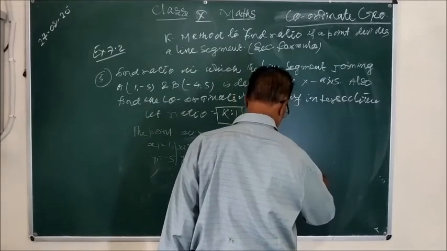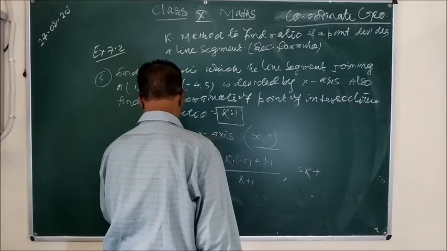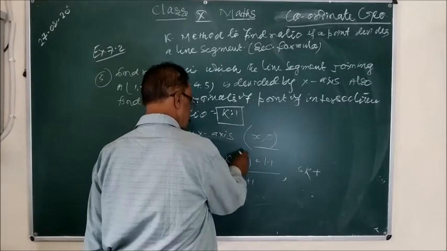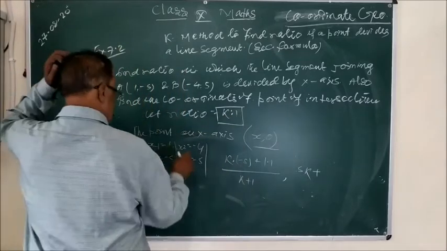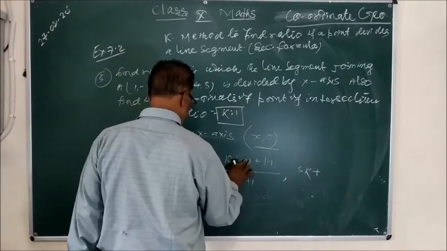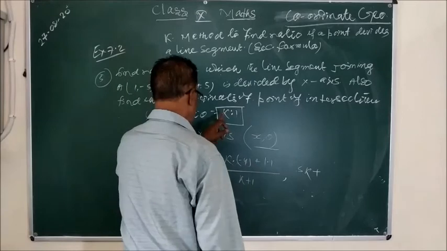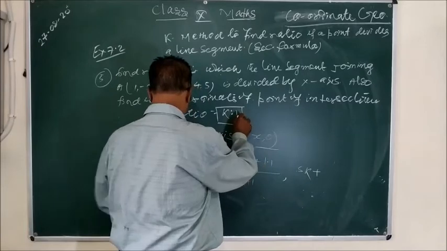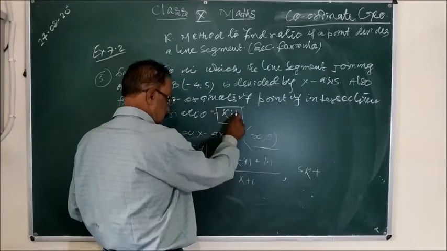Plus m2 by y1, so 1 into minus 5. So x is m1 x2 plus m2 x1, that is k into minus 4 plus 1 into 1, upon k plus 1, m1 plus m2.